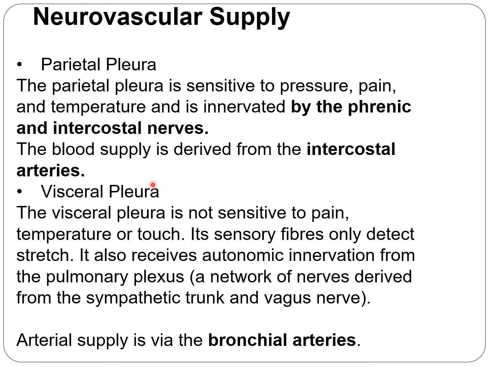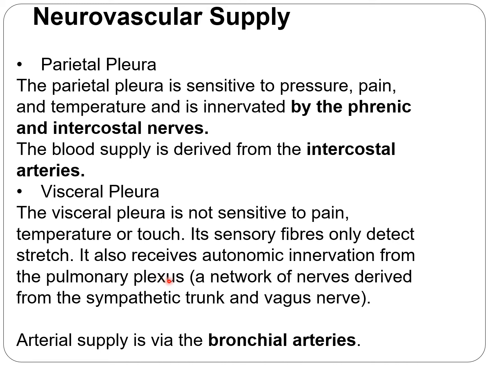The visceral pleura is different from the parietal pleura. Visceral pleura is not sensitive to pain, temperature or touch, but it is able to detect stretch. So in addition to phrenic and intercostal nerves, it receives innervation from autonomic branches coming from the pulmonary plexus.